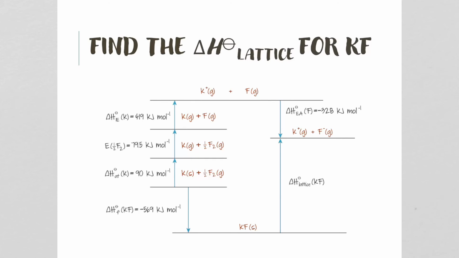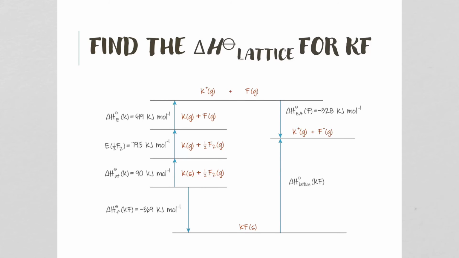One thing to note, you can see here that this value is halved because fluorine is a diatomic molecule, so we need to take that value, which was already done for us, divided in half, because we want it for one fluorine atom.